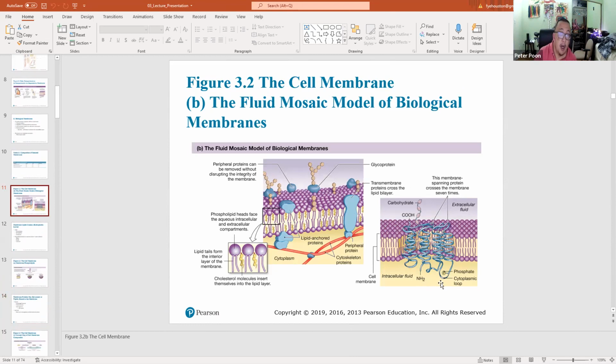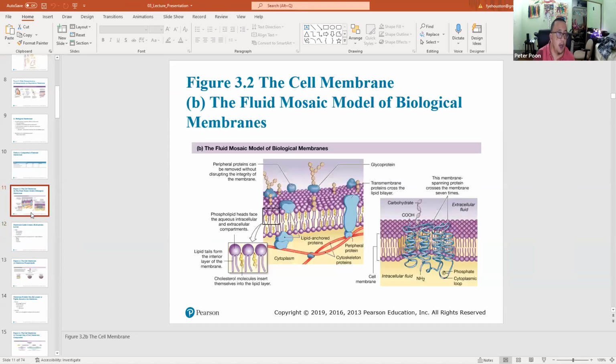So you can see there's a lot of proteins that cross the membrane 7 times actually. So if you count 1, 2, 3, 4, 5, 6, 7, there's 3 coils behind these strings. So 1, 2, 3, 4, 5, 6, 7. They're called 7 span membrane proteins.